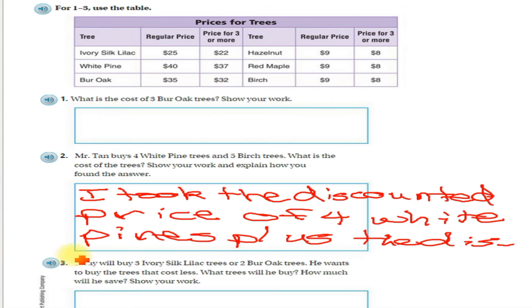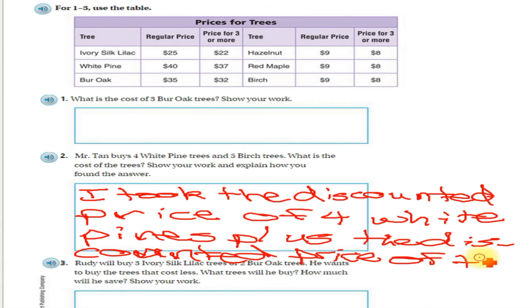I'm going to run out of space here. And I can add then. I added.